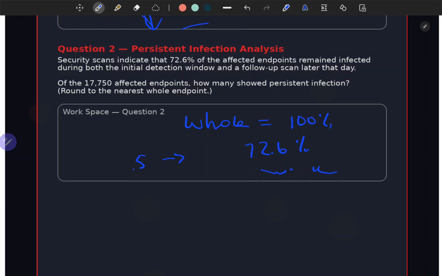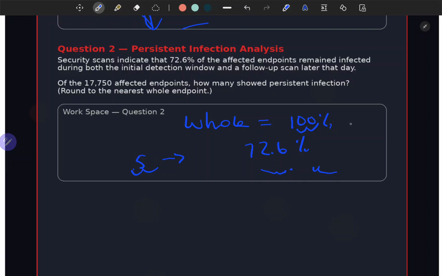If we move something to the left 2 places, that's dividing. If we move something to the right 2 places, that's multiplying by 100. So I won't give you too much because you should know this, but this will get the wheels turning, knowing how to move your decimal point to the left or to the right to change from decimals to percents or vice versa.